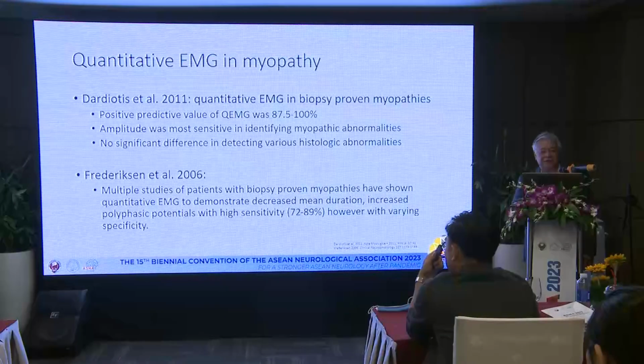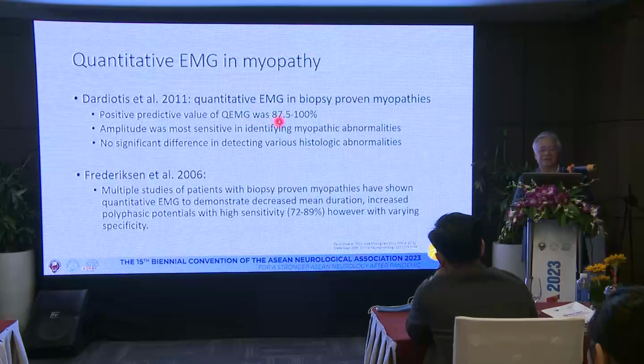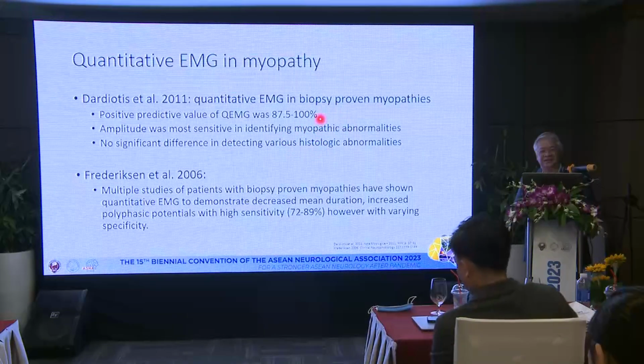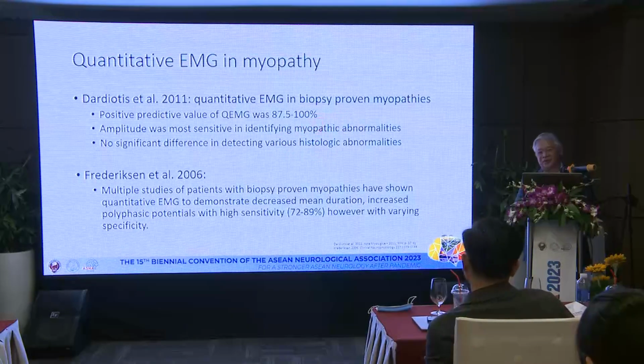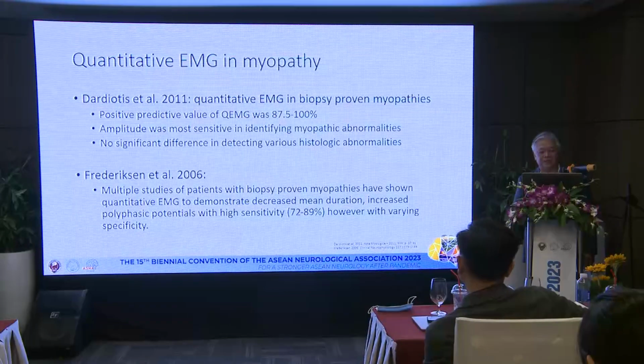There are other studies as well. In a Neurology study in 2011, the predictive value of QEMG was 87.5 to 100%, which is pretty good. And he thought amplitude was the most sensitive measure of myopathic abnormalities. And of course, it's sensitive, but it's not specific. So if you have a myopathic process, it's going to be abnormal, but you can't tell which of the myopathies this is going to be.